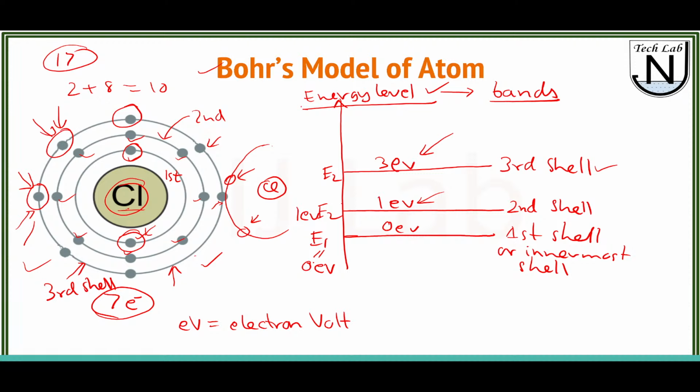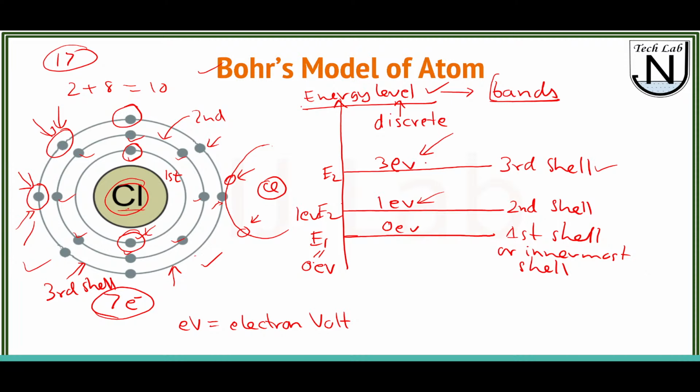So it means that instead of discrete labels, meaning a single same value, we will be having bands. The electrons in a particular shell will have energy in some range, right?